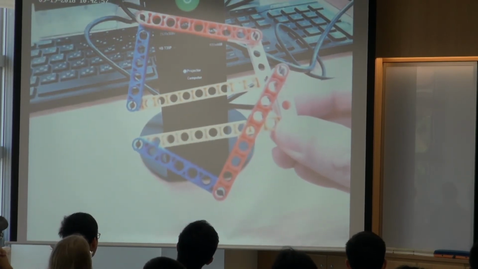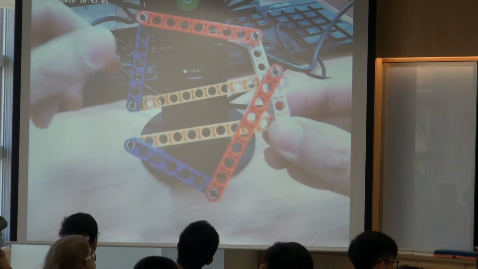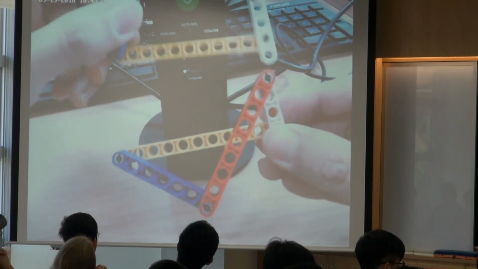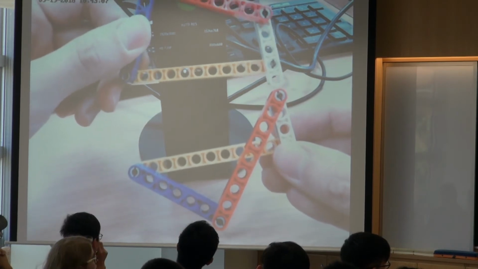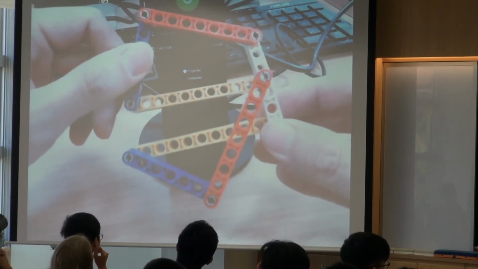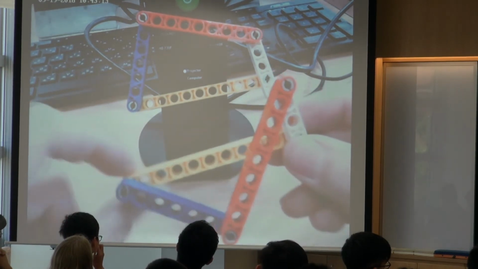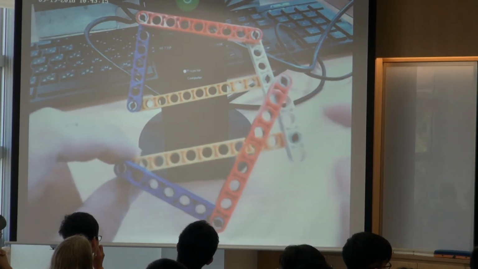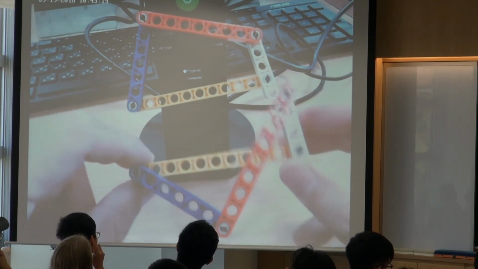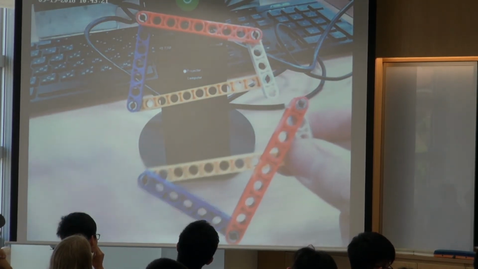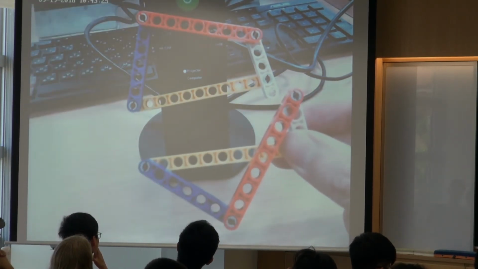So you can compare these two. I reduce the exposure. These two have exactly the same length for every link. But right now you can see they actually perform in a different way. If I fix the yellow one and I use the white one as a driver, you can see right now the positions of the red one and the blue one are different in these two cases.